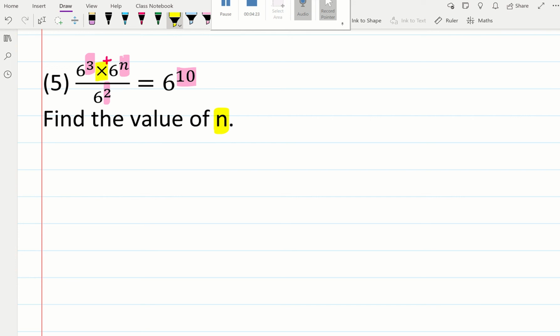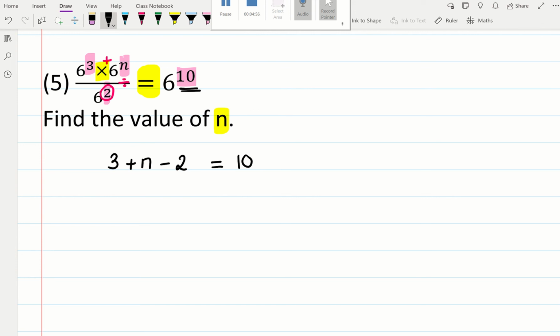Why am I adding? Because of the multiplication. So I have a 3 plus n. But what happens next is I'm dividing, of course. This is a division. So I subtract the 2, minus 2. So this power, 3 plus n, take away 2, is going to equal, because of this equal, to 10. Because that's the power at the end of the calculation.